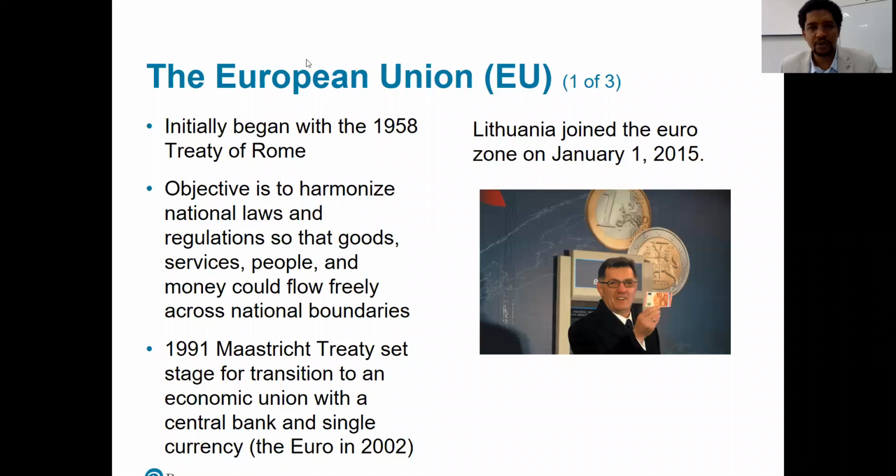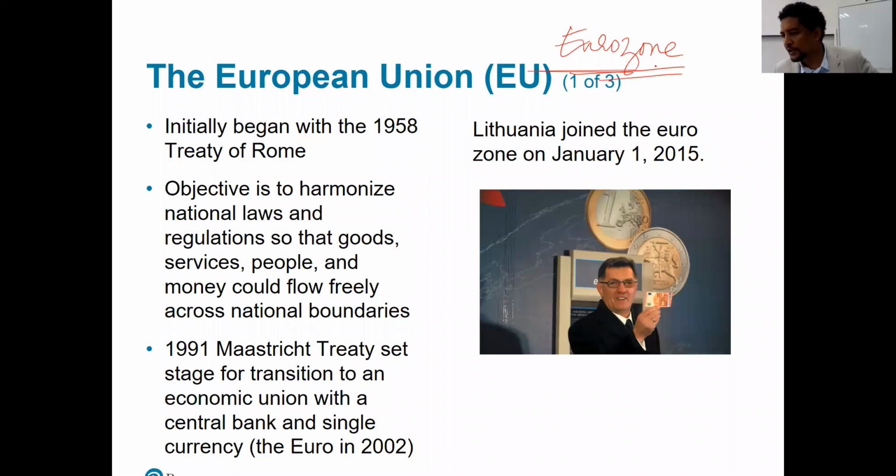Those countries in the EU that use euro as their own currency are called the Eurozone, right? Eurozone, those who use euro as their own currency.